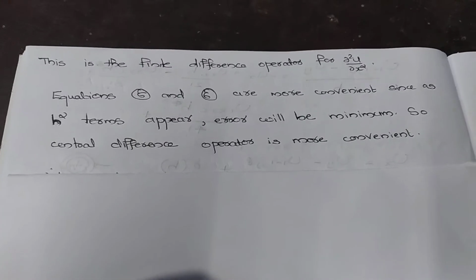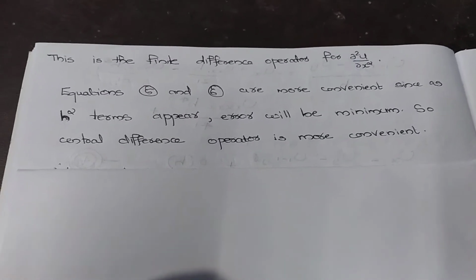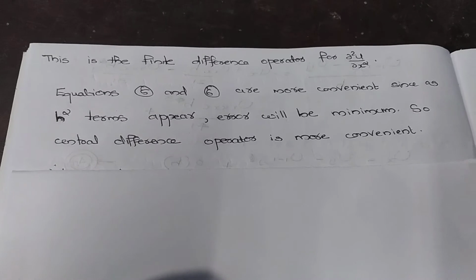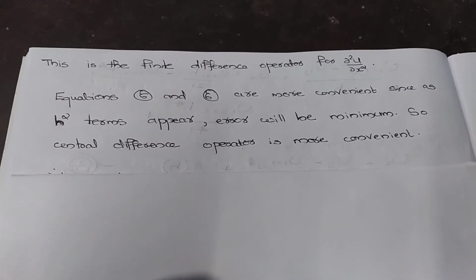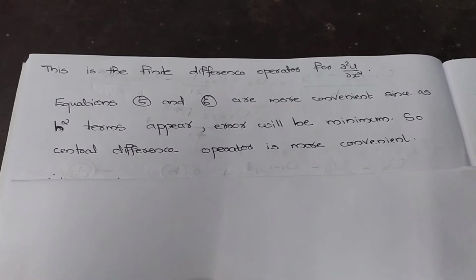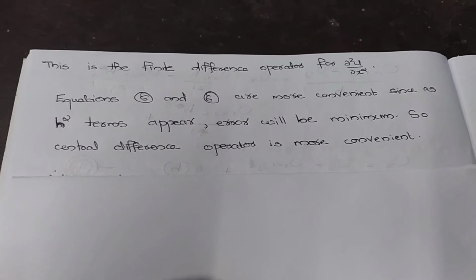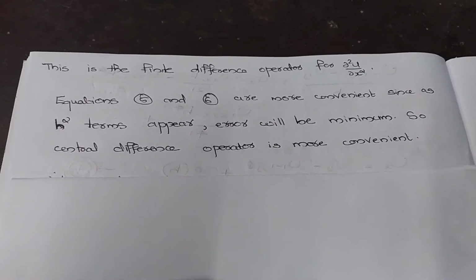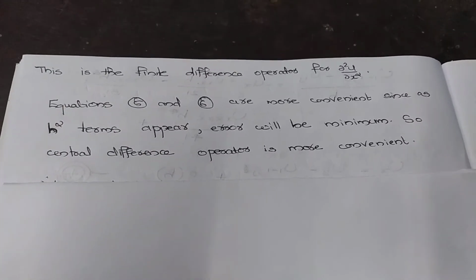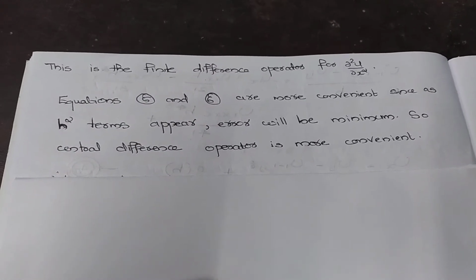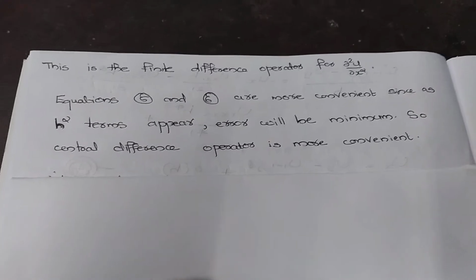Similarly, as we have done in earlier steps, we get the results very quickly, and the following results are obtained when we put u(i,j+1) and u(i,j-1) by Taylor series expansion.